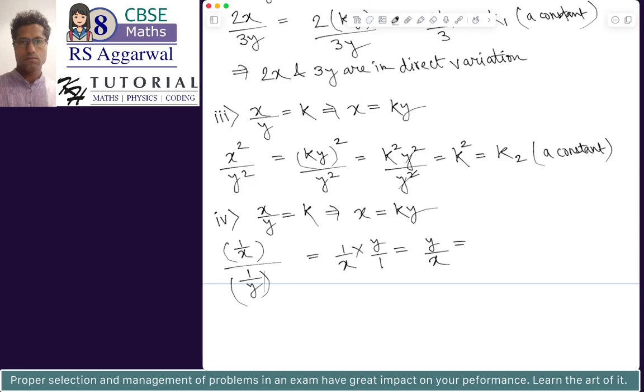So y by x will be equal to 1 by k. Let's say this is equal to k3, which is a constant, because k3 is equal to 1 by k and k is a constant. So this implies that 1 by x and 1 by y are in direct variation.